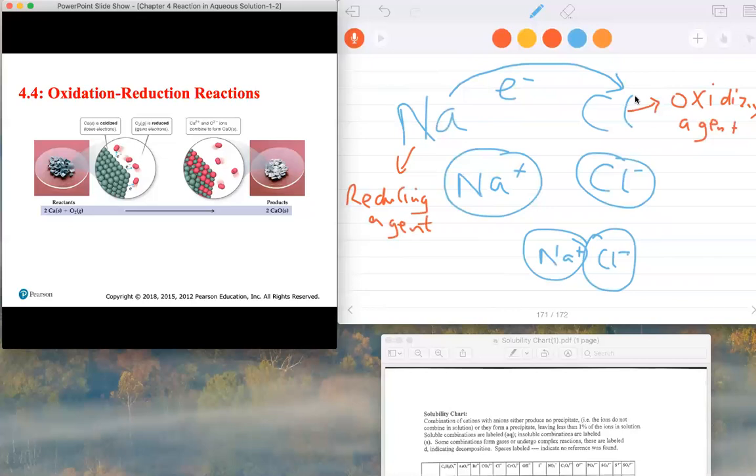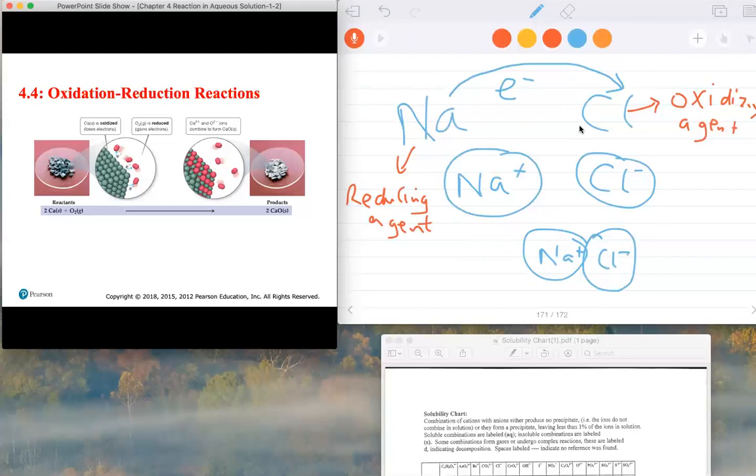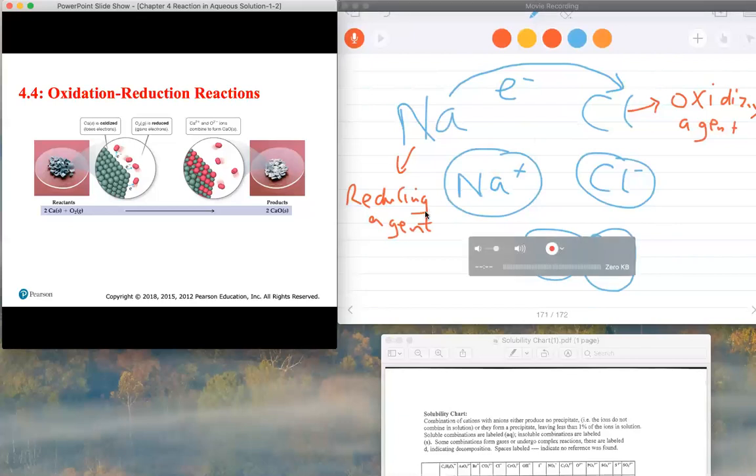Oxidizing is the one receiving. If oxidation is loss of electrons, which one is causing the loss of electrons? It's the oxidizing agent. This one is causing sodium to lose electrons, so it is the oxidizing agent. If reduction is addition or gain of electrons, this one is making chlorine gain an electron. In this example, we say it's a reducing agent.